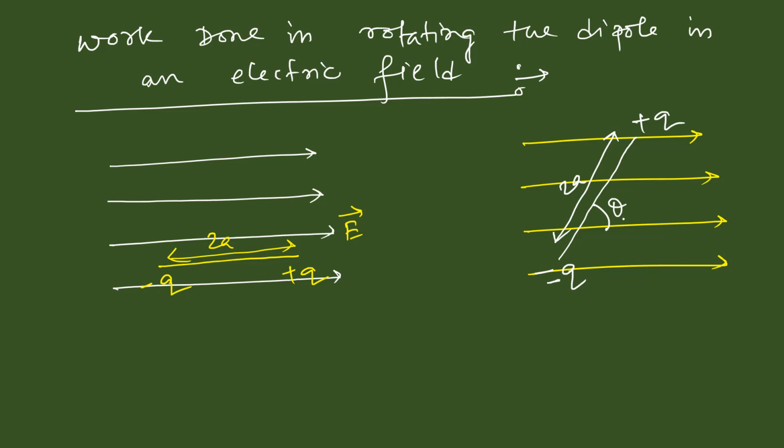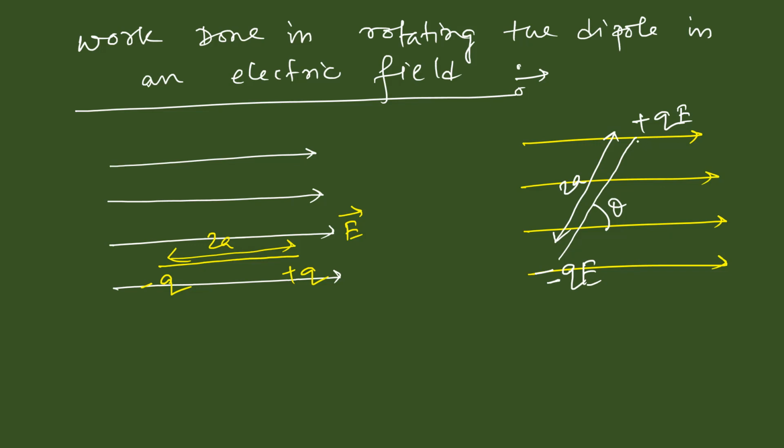Now what should be the perpendicular component and what should be the horizontal component, and why do we need them? Whenever the dipole is rotated with some angle of theta in a uniform electric field, some force will be experienced by the charges. The minus charge will experience a force of minus qE, and the plus charge will experience a force of plus qE.